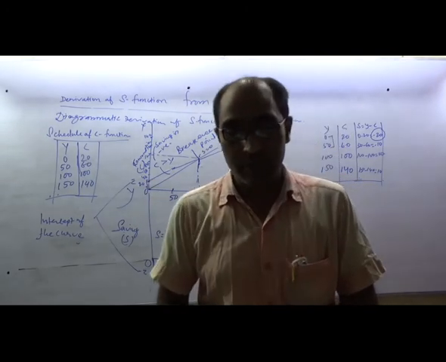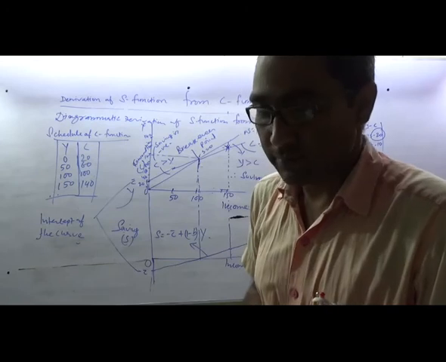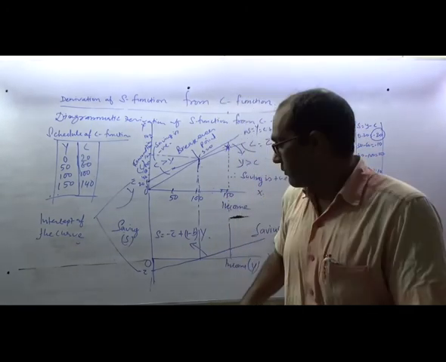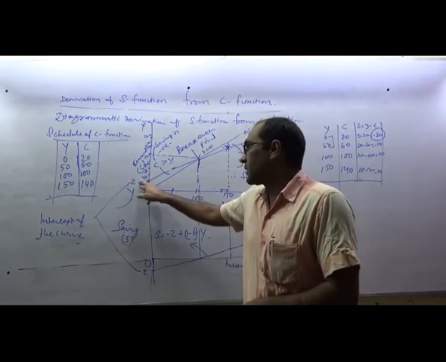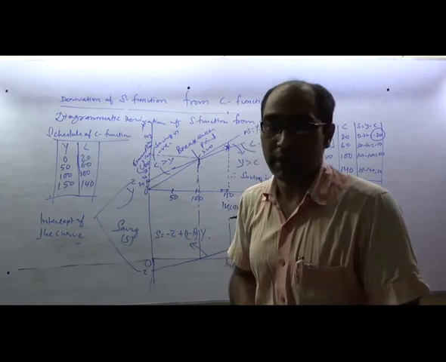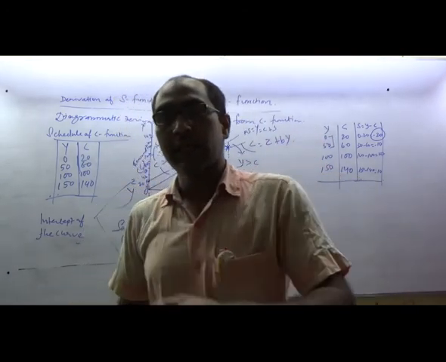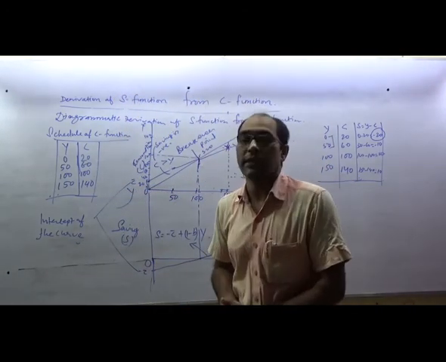So in the figure, the S line starts from minus 20 and the C line starts from plus 20. Only the sign changes, the value remains unchanged.